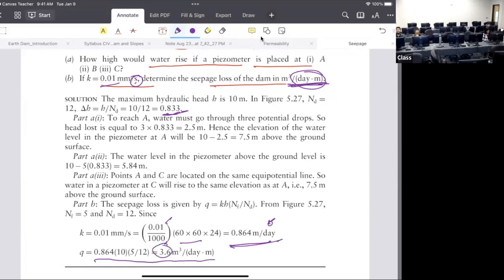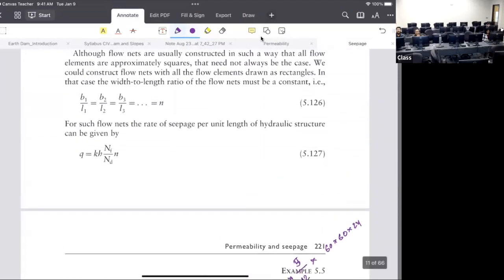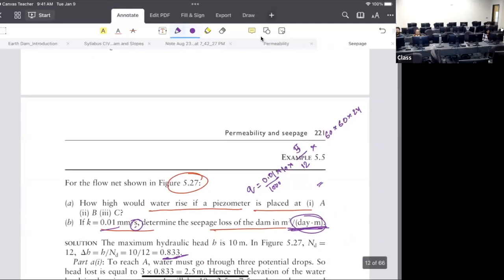3.6 meter cube per day. Okay, so this is going to be 3.6 meter cube per day. Do you think it's a big number? Yes.